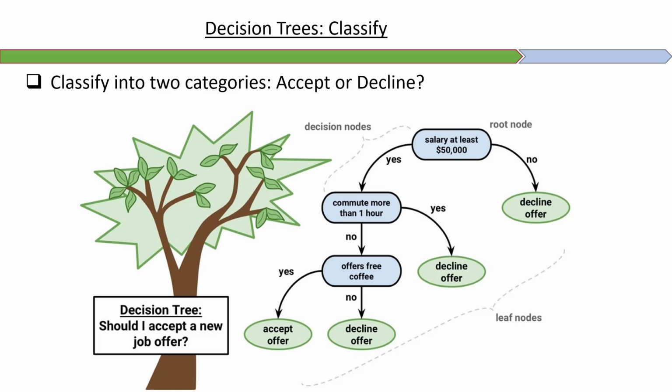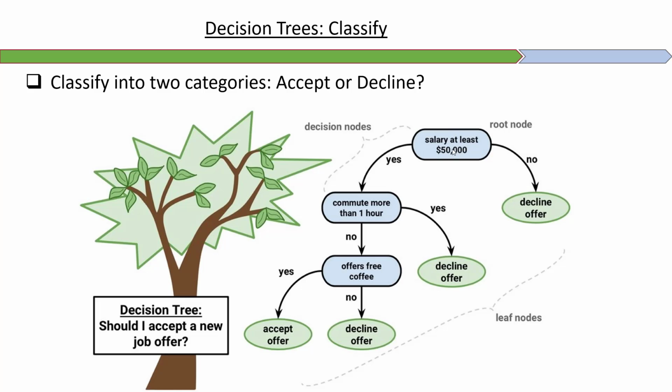If it's not, you go to the branches on the right side of the decision tree. If it's not, the decision is simple. You are not going to accept this offer, so you decline this offer. So this green oval decision of declining the offer, you make it immediately based on salary alone at this stage.